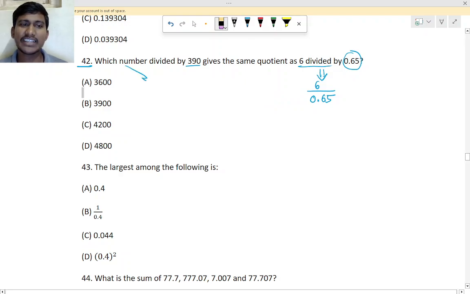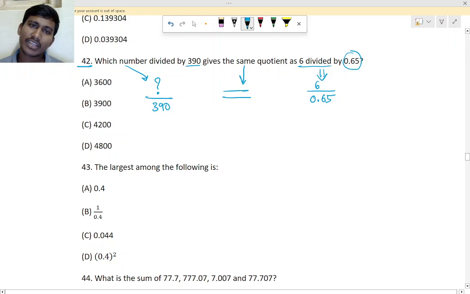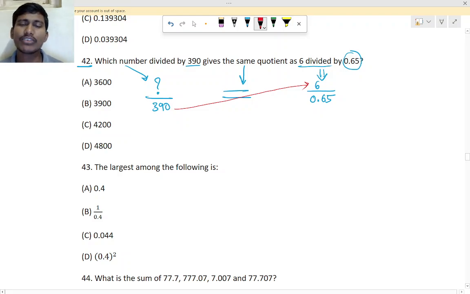Which number is question mark divided by 390 will give same answer, means both will be equal. So see here, we have to take it to this side, right? Cross multiply, isn't it? We have to do cross multiplication.